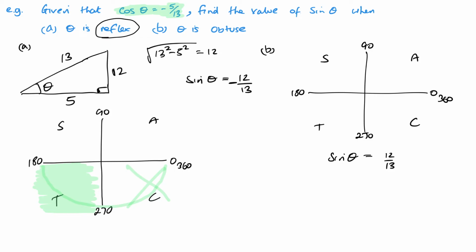Obtuse angles are between 90 and 180, so we've just got the one section to check here. In this section cos is negative, which is what we'd expect, but sine is positive in this section. So we leave it as a positive 12 over 13.